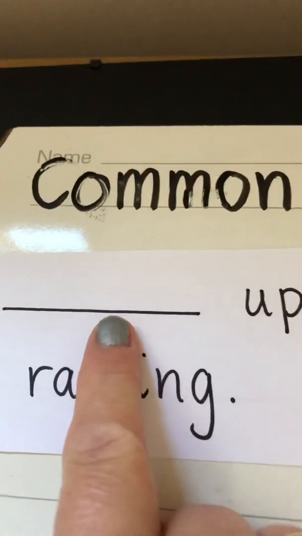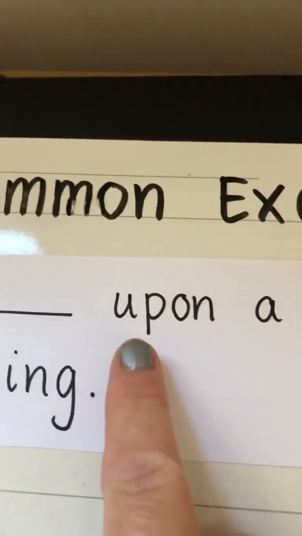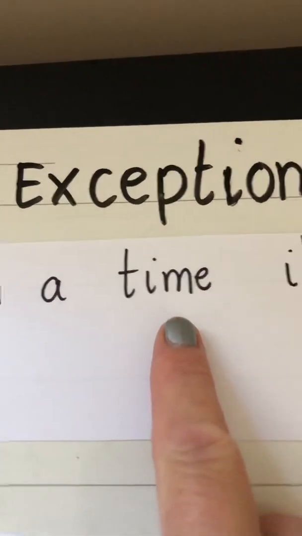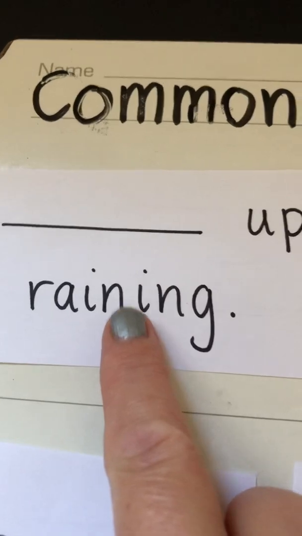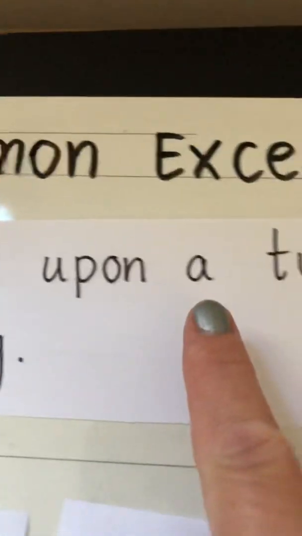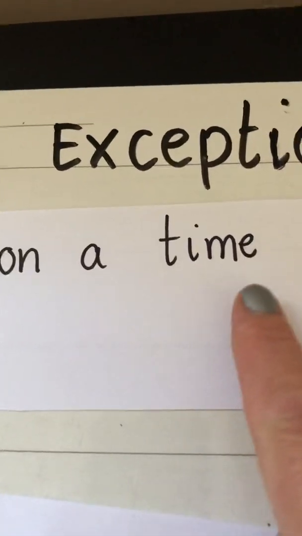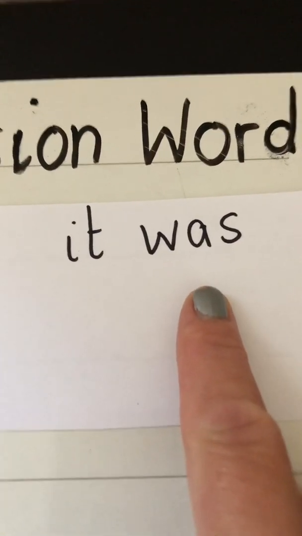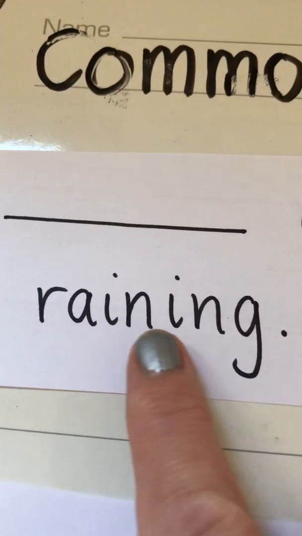So there's a missing word here. So, upon a time it was, there's another common exception word, raining.